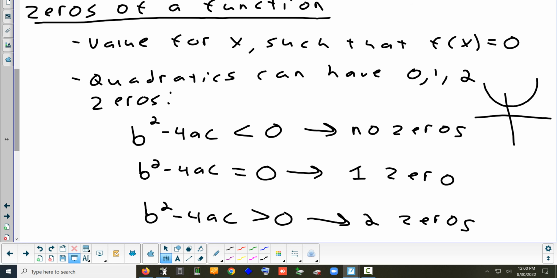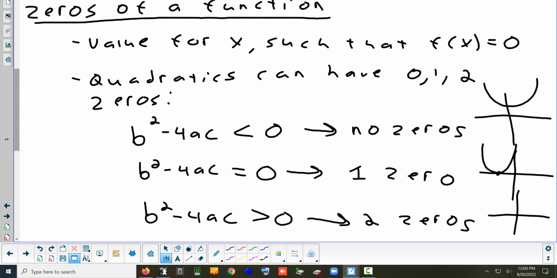If you did b squared minus 4ac and it came out to exactly 0, that would be a graph that looks like this. It touches the axis in one spot and then goes back up. Or it could go down. But the point is, it touches the axis once.